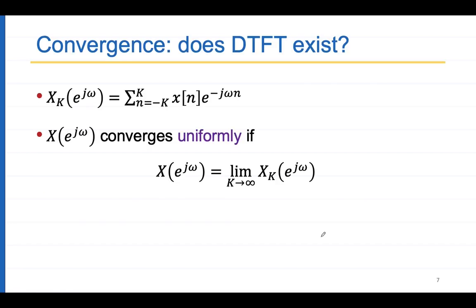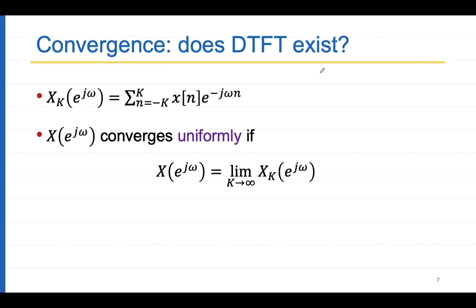Okay. Now let's discuss the convergence properties of the DTFT. For the DTFT to exist, this sum must converge, going from minus infinity to plus infinity.